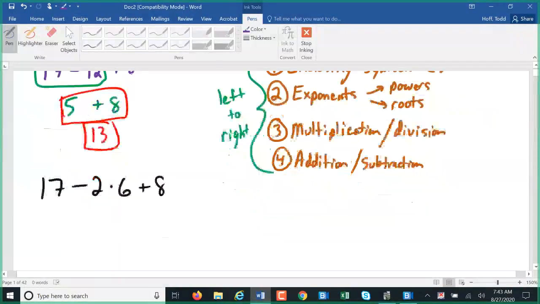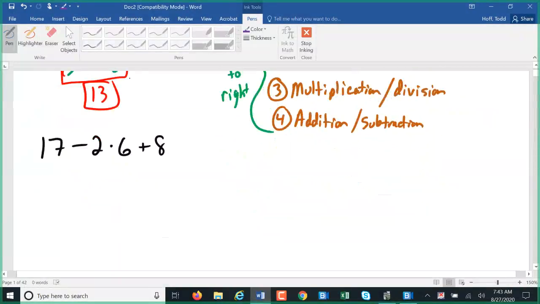And it actually ends up giving pretty much the exact same process. But let's say we pick the 6 and work on the 6. The 6 has two operations operating on it, the multiplication and the addition. Multiplication has higher priority, so we have to do that multiplication first. So 2 times 6 is 12.